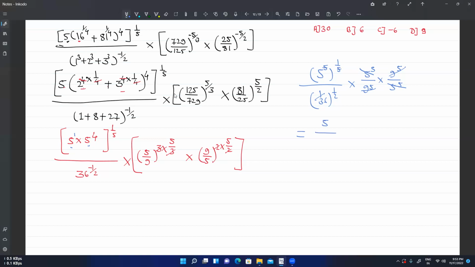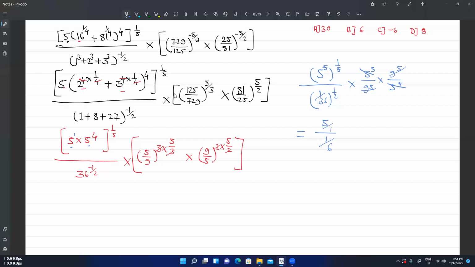Now we know that if the rational index of any number is 1 by 2, we have to write the square root of the given number. So we get the square root of 1 divided by the square root of 36. The square root of 1 is 1 itself, and the square root of 36 can be written as 6.